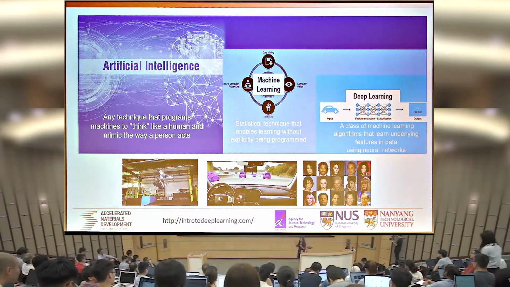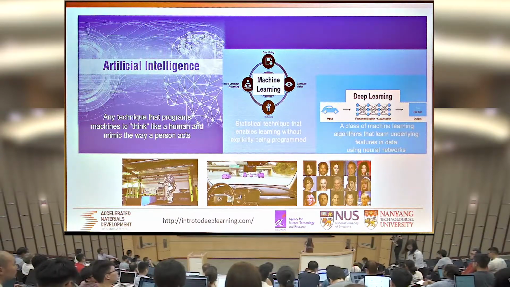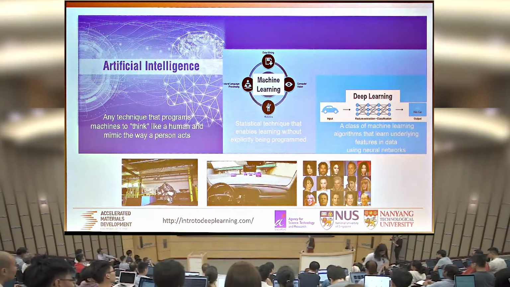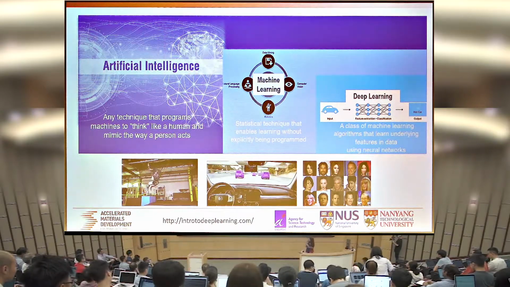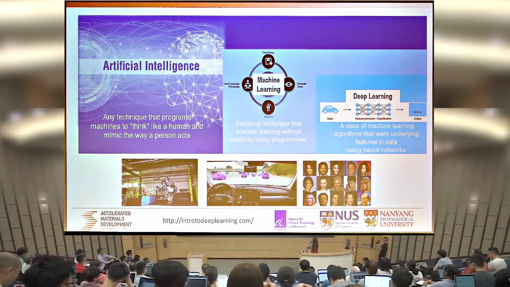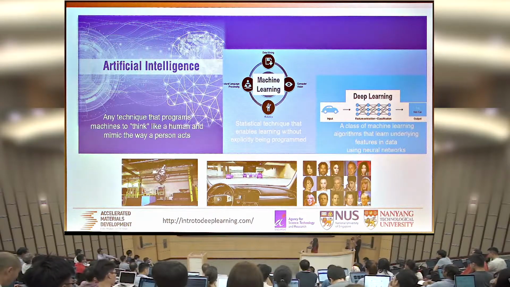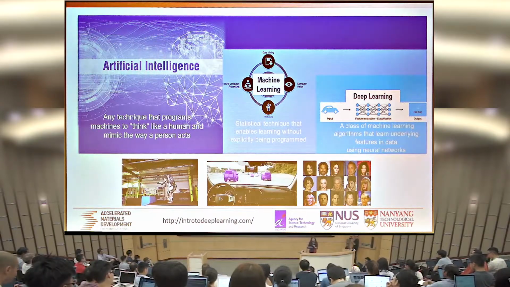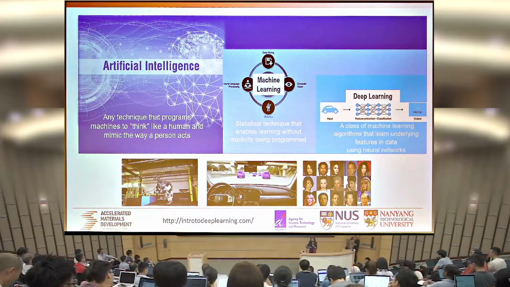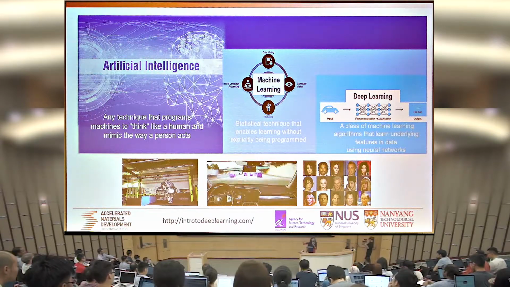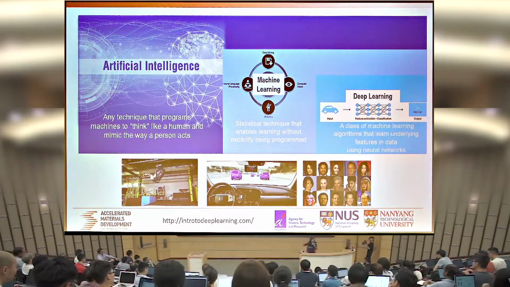But why is it achieving such good performance recently? We are also developing deep learning techniques. Basically it's a class of machine learning algorithms that learn underlying features in data using neural networks. You will hear a lot of talks about neural networks today that equip the new advances in machine learning to a deep layer.